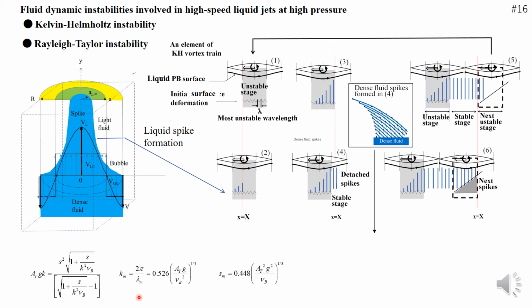In addition, the magnitude of acceleration g in a supercritical fluid jet is anticipated to take a larger value than that in a subcritical fluid jet. Therefore, we developed the Sds model, which describes the dense fluid spike formation from the LES-resolved PB surface.